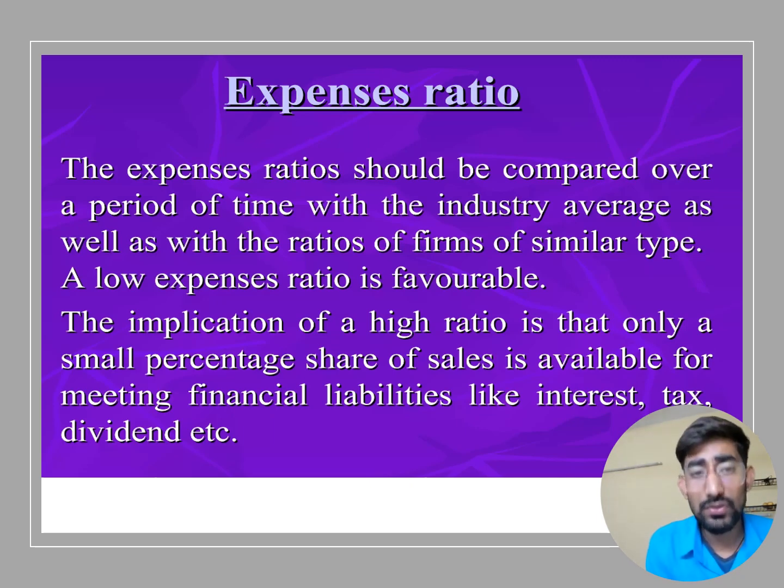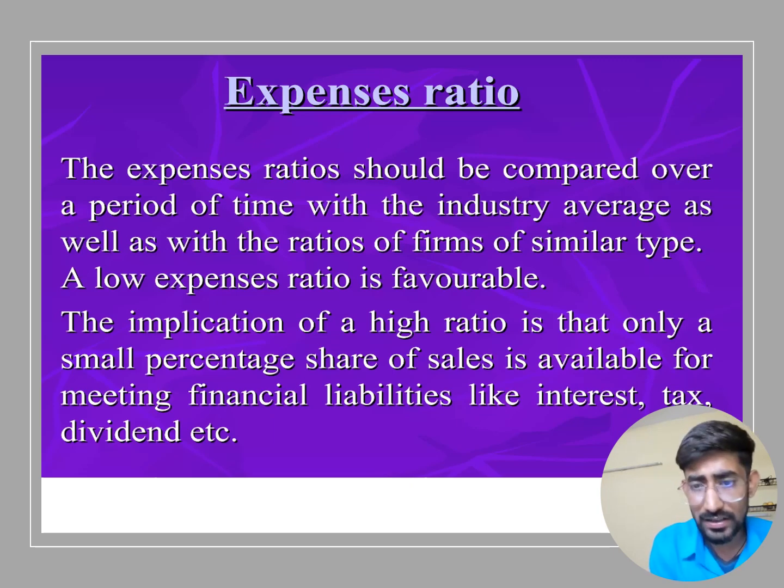The expenses ratio should be compared over a period of time with the industry average as well as with the ratio of a firm of similar type. A low expense ratio is favorable, and the implication of a higher ratio is that only a small percentage share of sales is available for meeting financial liabilities like interest, tax, and dividend.